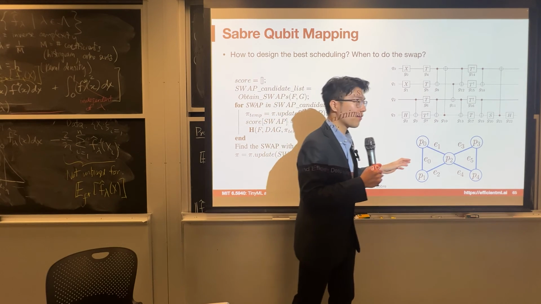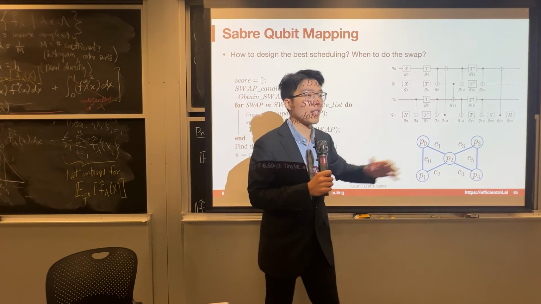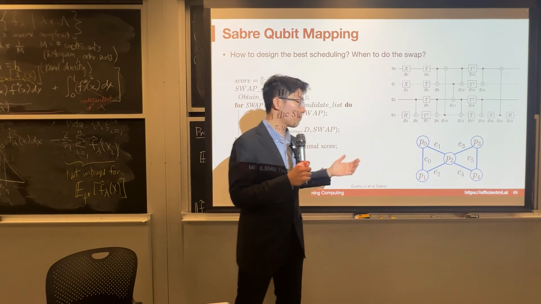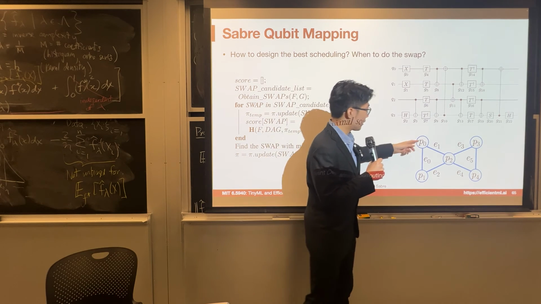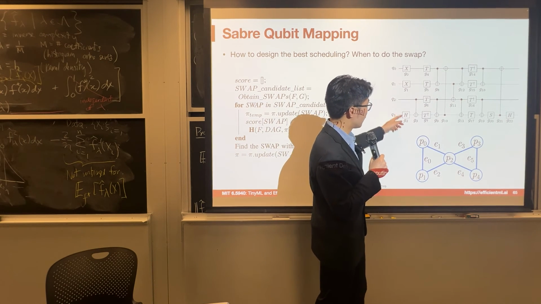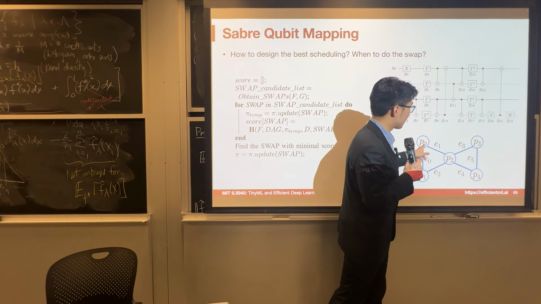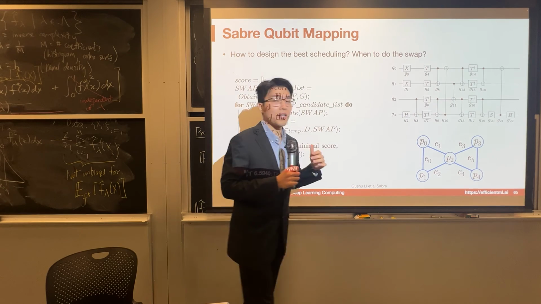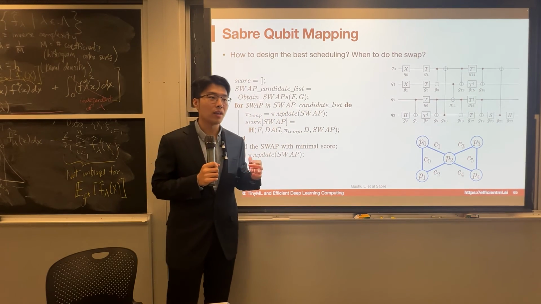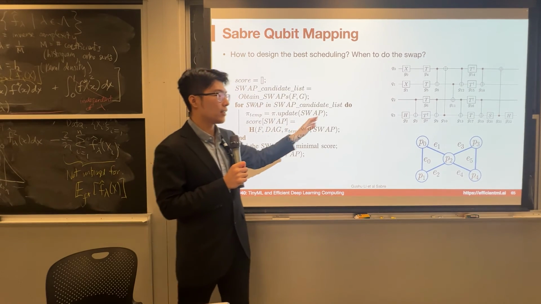The ideal case is that after this swap, all the remaining gates can be applied with no problem. But the bad case is that after this swap, we still cannot do any gates, because say the swap of 0 and 1 doesn't solve the problem between 0 and 3. But if we do the swap between 0 and 2, then we can do multiple gates later. So there can be a heuristic score that we assign to each swap in the design space.